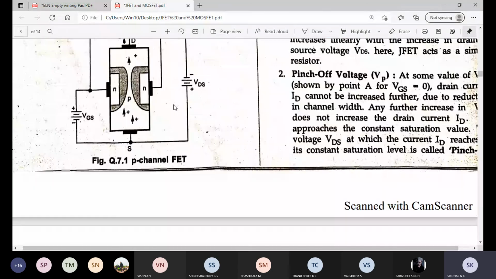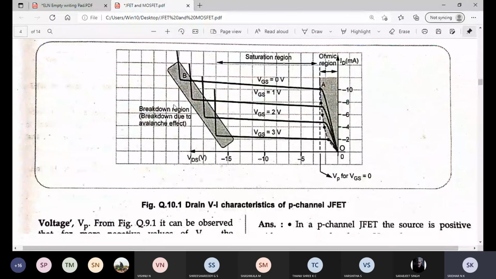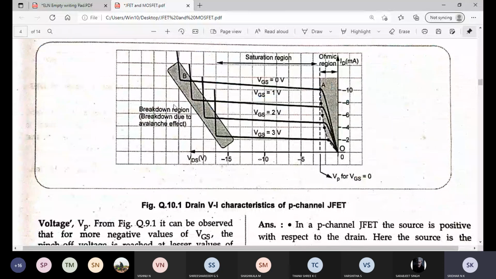So if you see the graph for this VDS, how does it look? See, can you see? VDS is negative in the VI characteristics, so it is in the second quadrant. You will start increasing VDS in steps, with VGS equal to 0.